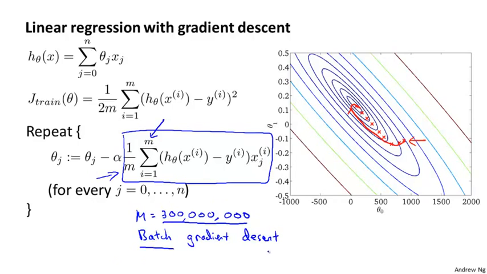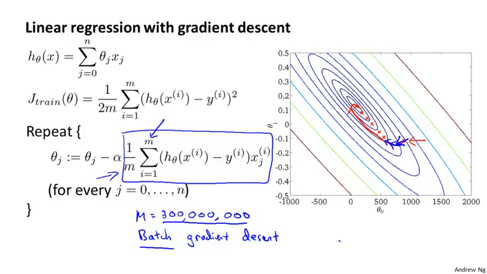And then having done all that work, that allows you to take one step of gradient descent. And now you need to do the whole thing again. Scan through all 300 million records, accumulate these sums, and having done all that work, you can take another little step using gradient descent, and then do that again, and then a third step, and so on. And so this can take a long time to get the algorithm to converge.